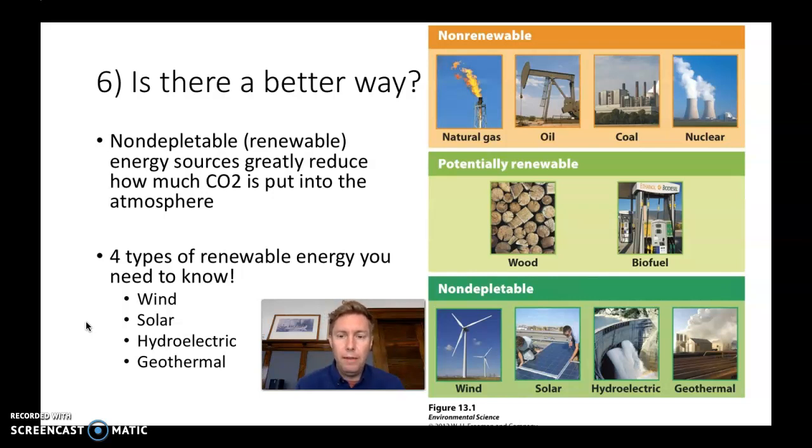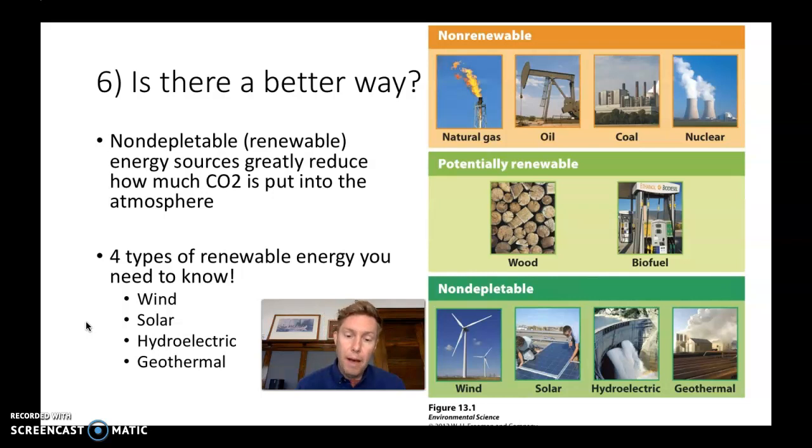So if you look at the chart to the right, we see non-renewable: natural gas, oil, coal, nuclear. Then potentially renewable. So if you think about it, when we burn wood, like a wood fire, it creates energy, and we can renew trees. We plant trees, grow them, but it does take time. And biofuel is like using corn to create fuel, and we can also grow corn.